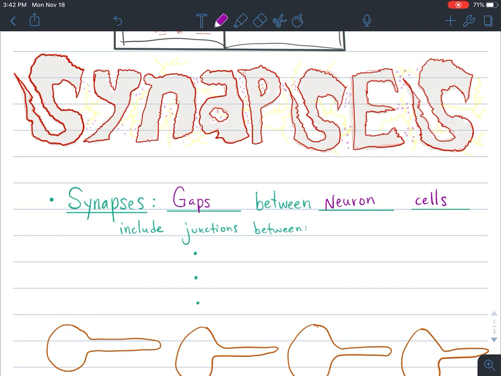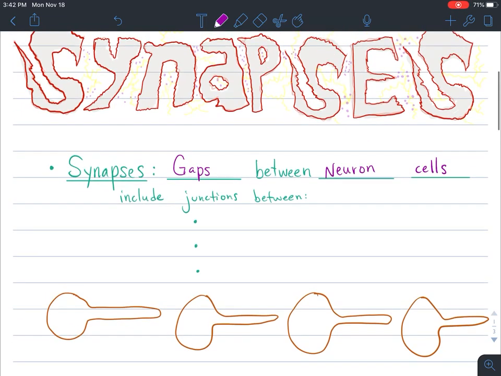In order for these cells to communicate and not just be one big cell, there are these synapses, which are the gaps between neuron cells, and they send chemicals across them in order to communicate with each other. So synapses are any type of gap or junction between a neuron cell and another neuron cell, so from neuron to neuron.